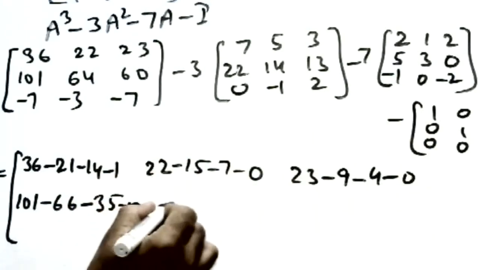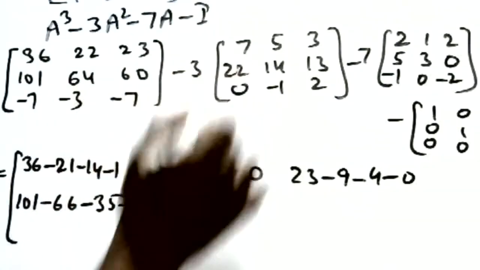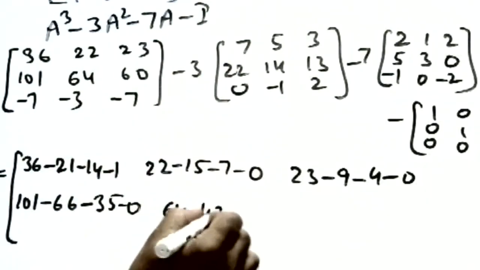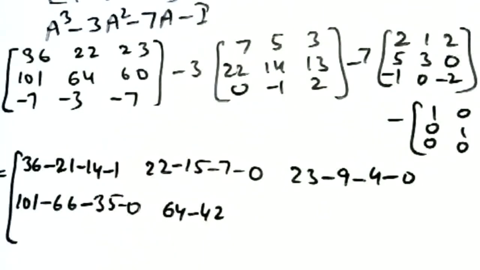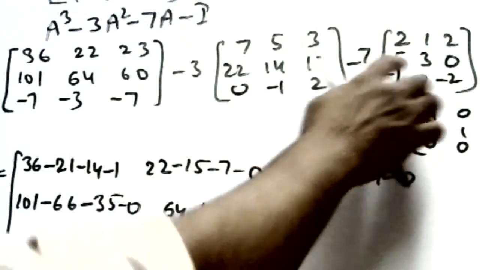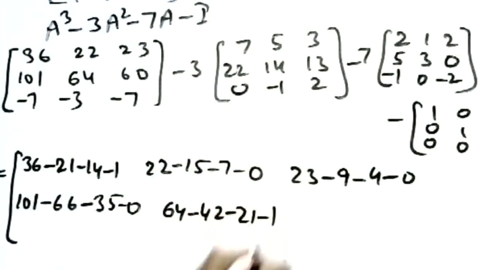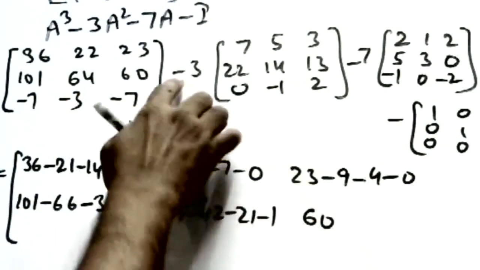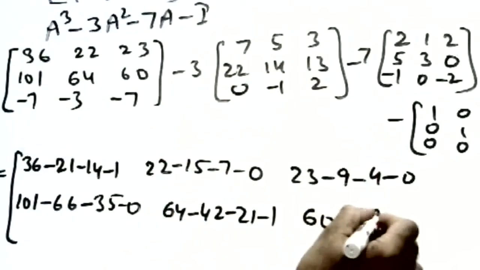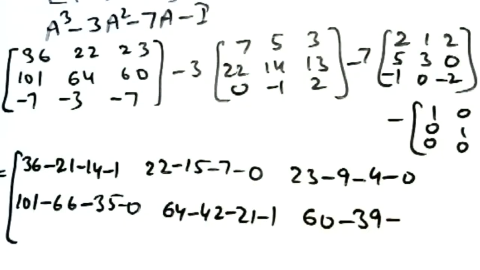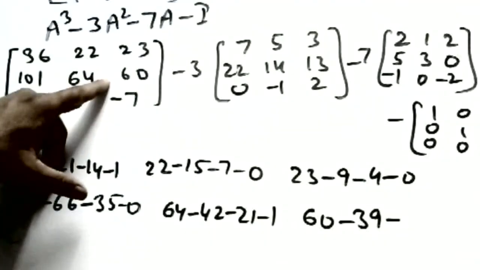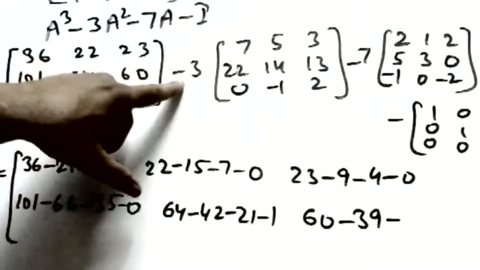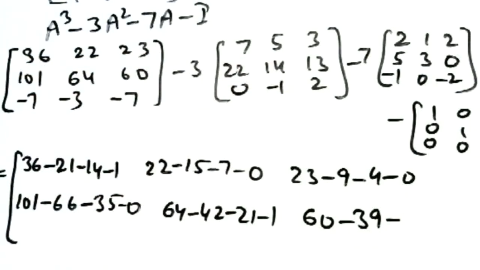And this is minus 0, sorry, minus 0. Now here 64, minus 42, 3 into 14 is 42. Now here minus 7 3s are 21, minus 1. Now lastly here 60, minus 39, we are writing the third term. See here 60, minus 3 into 13 is 39.